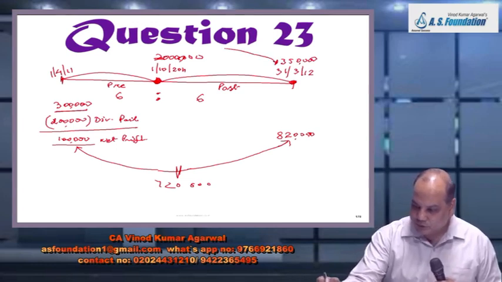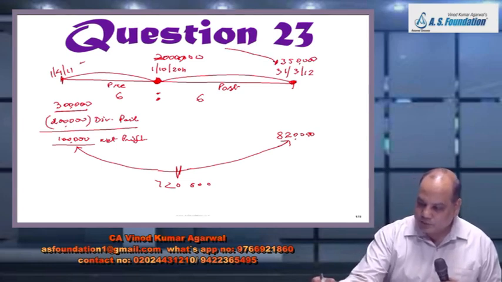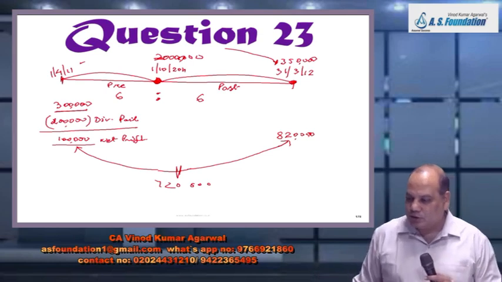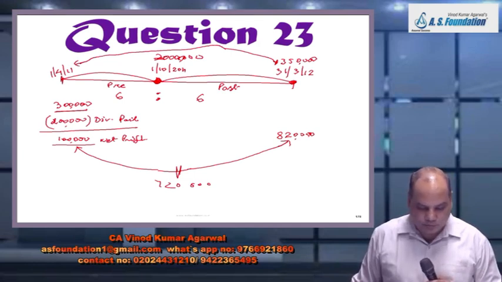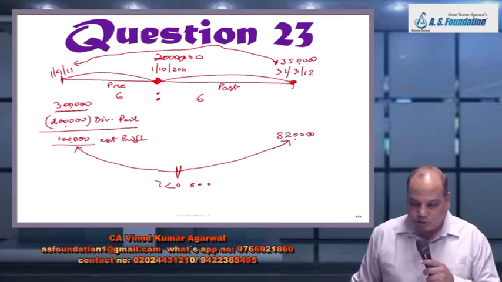So first you have to find out what was the value of plant and machinery on 1st April 11. Depreciation rate is 10%, which means this is 90% of the opening balance. So 13,50,000 divided by 90%, I'll get balance on 1st April 11.